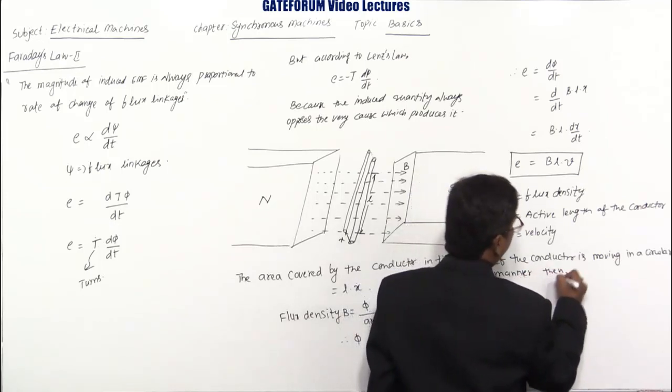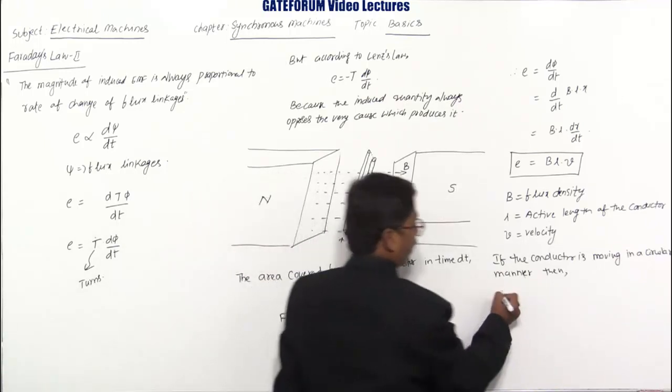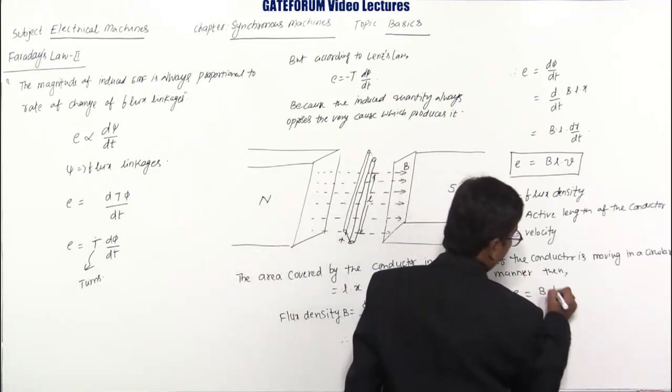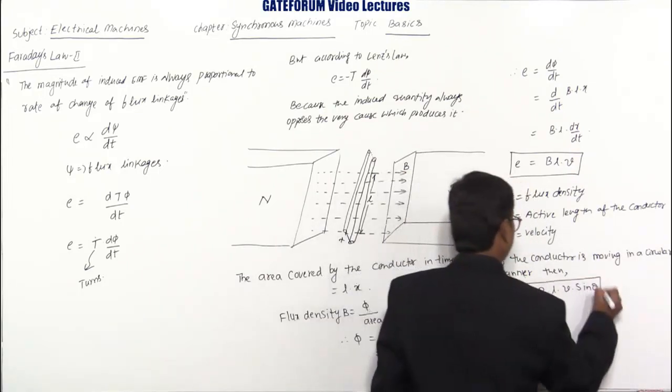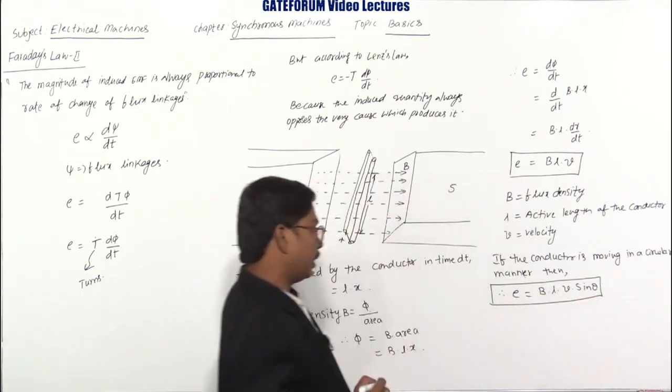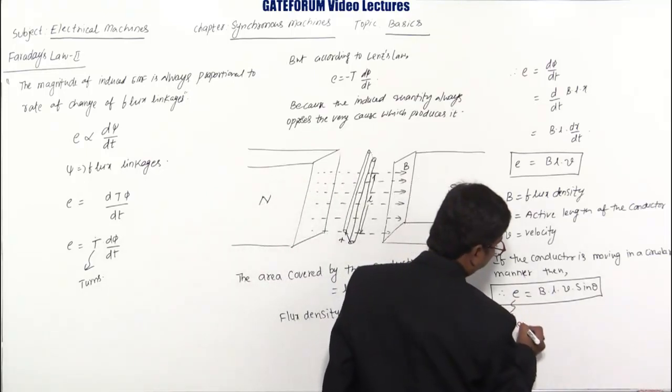then it will make some angle with respect to the reference, and that angle will be theta. Therefore we can write E is equivalent to B into L into V into sin theta. That is the induced EMF.